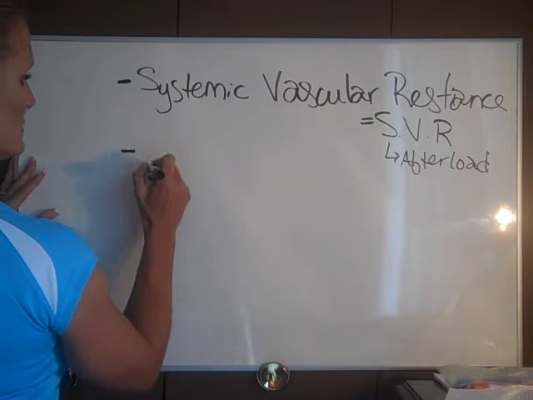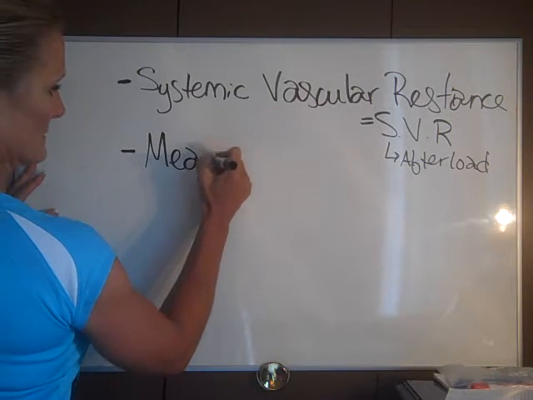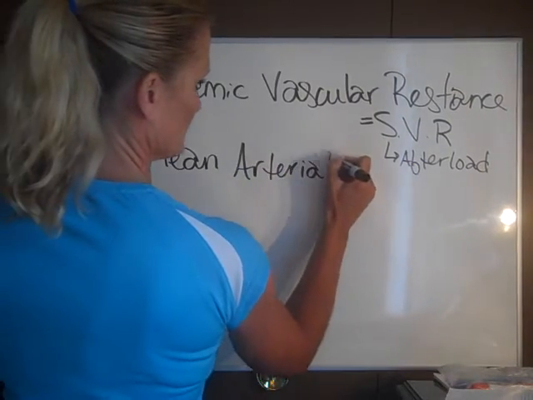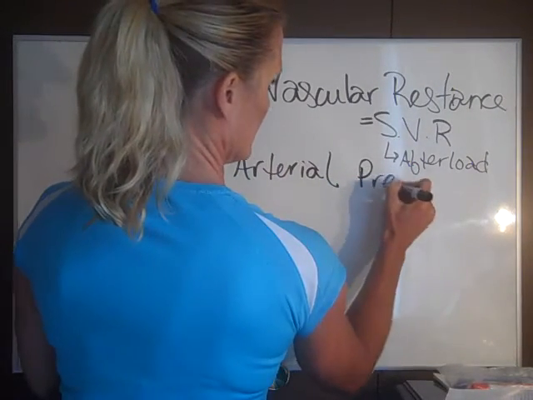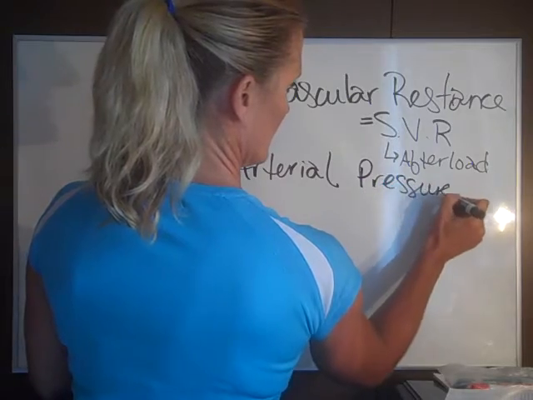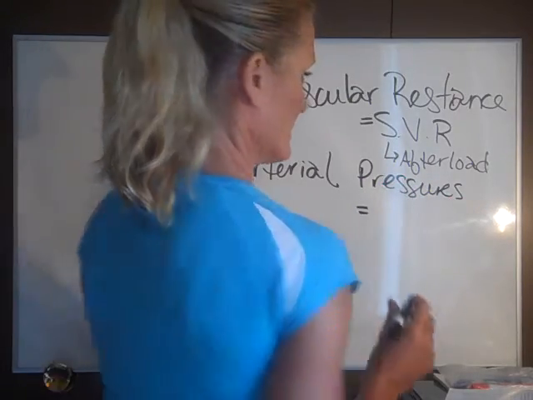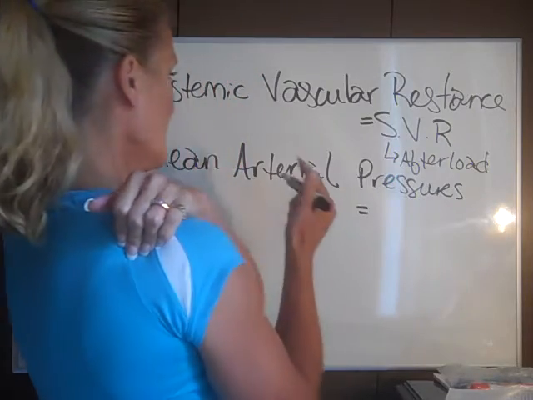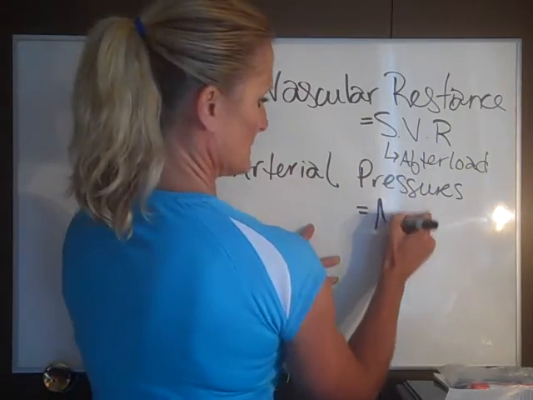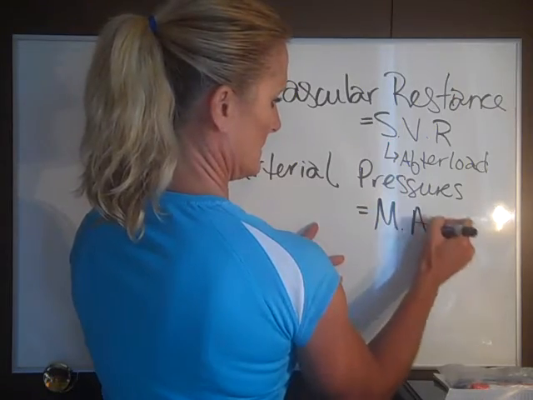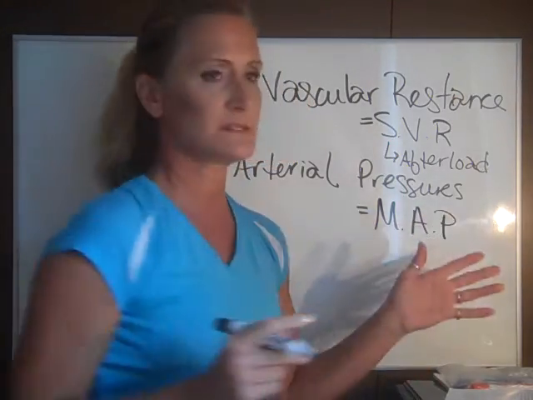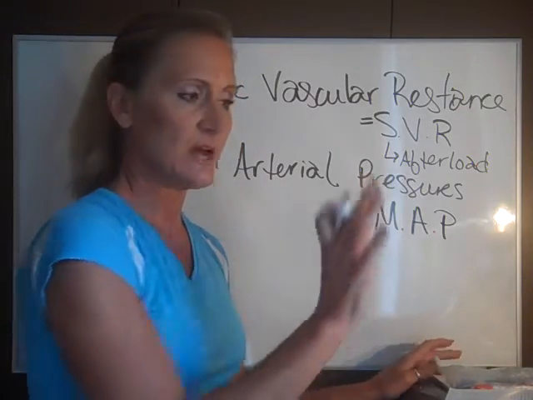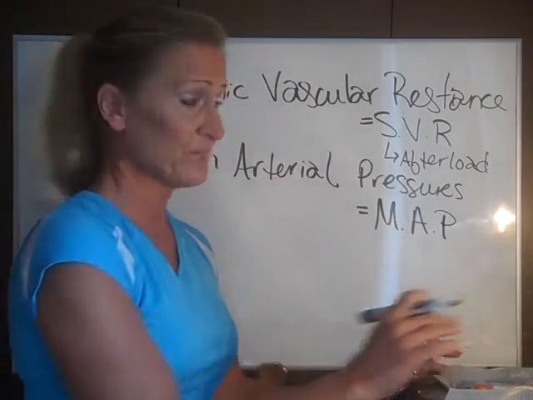The next thing is your mean arterial pressure. There are formulas to figure these out. Your mean arterial pressure is the average pressure on your arterial side.